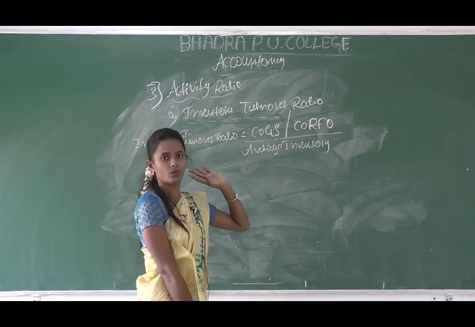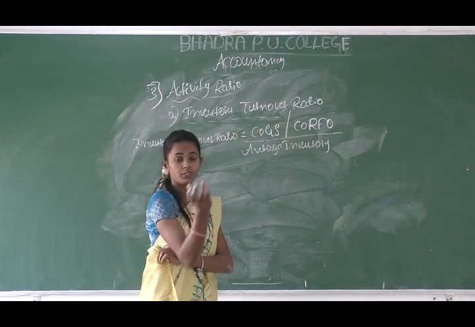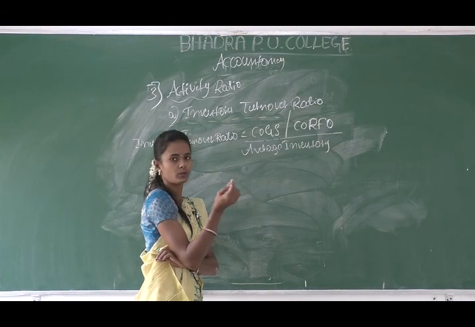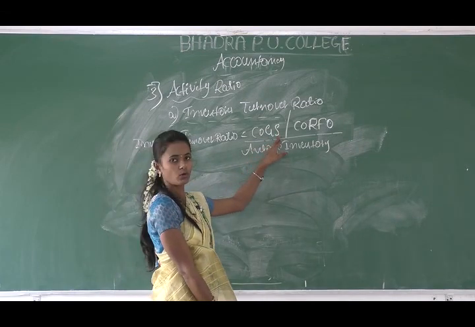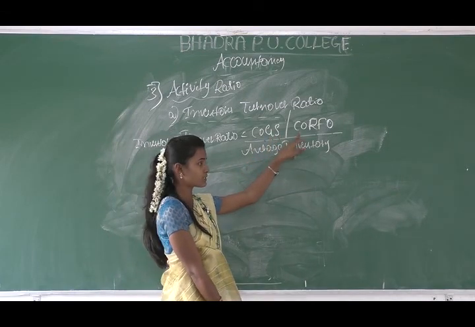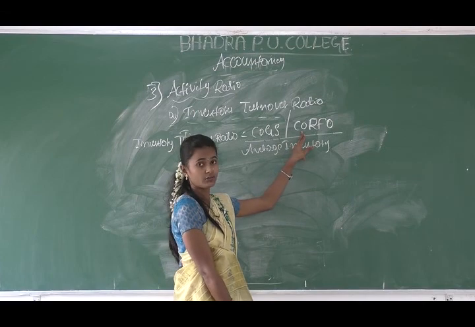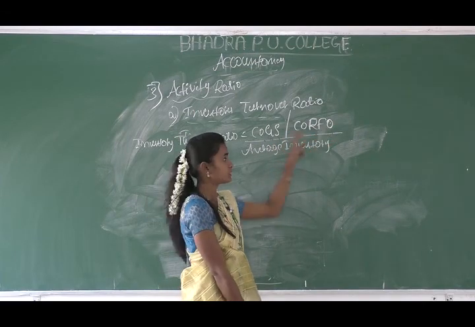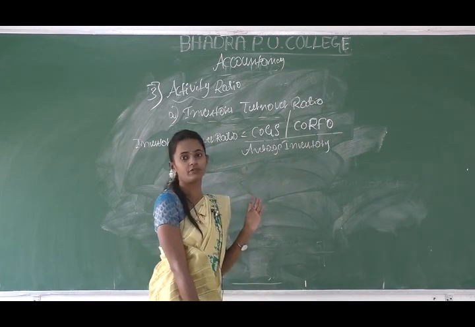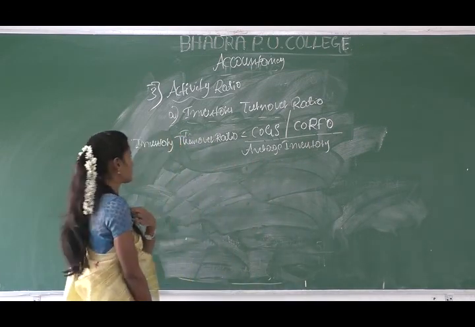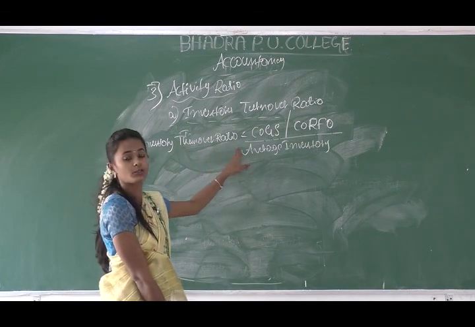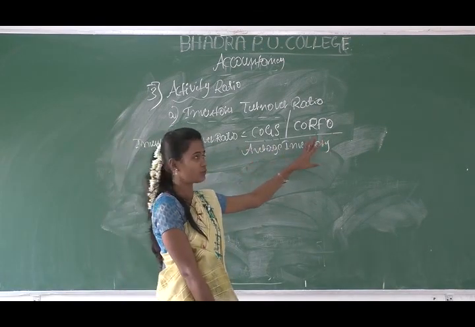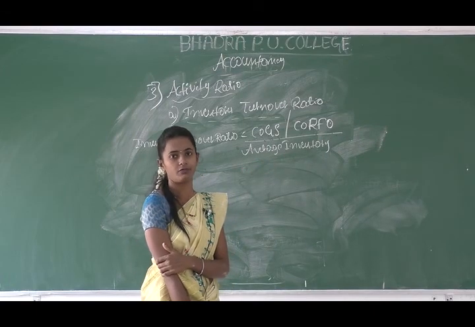Both are the same, just like revenue from operation and sales are the same. So this is the formula for the calculation of inventory turnover ratio: cost of goods sold or cost of revenue from operation divided by average inventory.